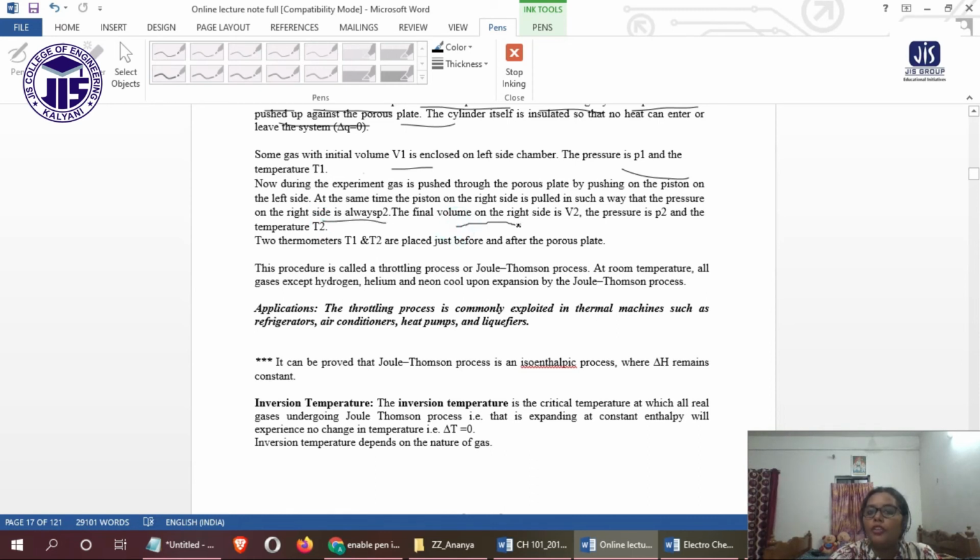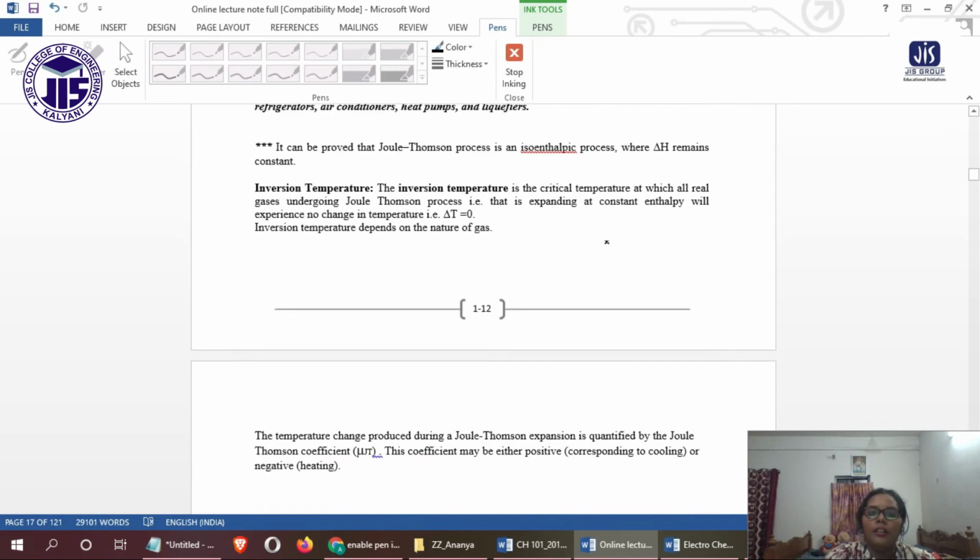The final volume on the right side is V2 and the pressure is P2. Two thermometers, T1 and T2, are placed just before and after the porous plate. So this is the Joule-Thomson experiment.